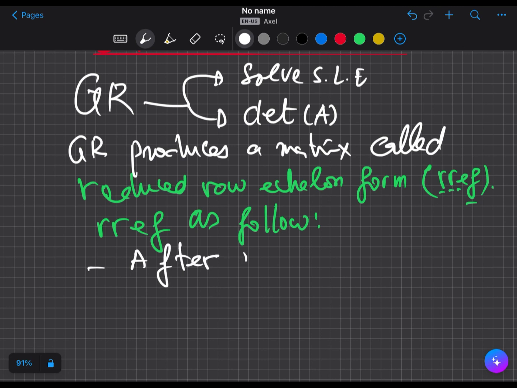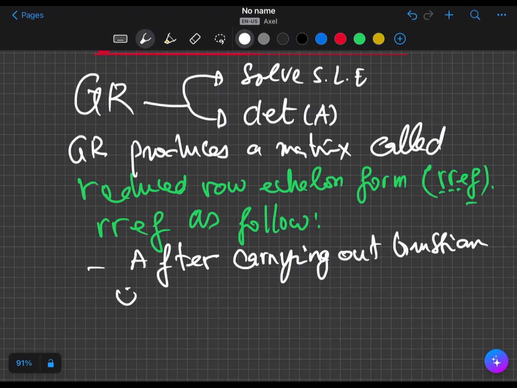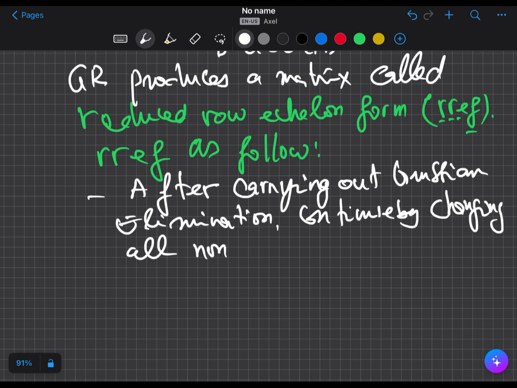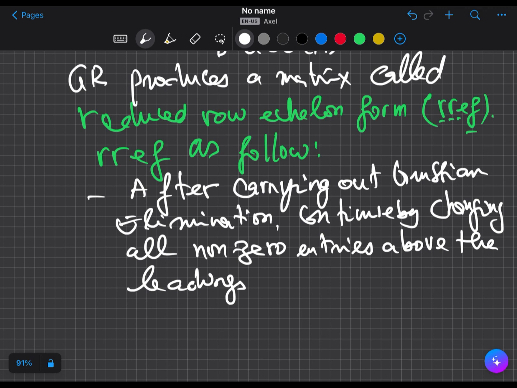After carrying out Gaussian elimination, we have to continue by changing all non-zero entries above the leading ones to 0.